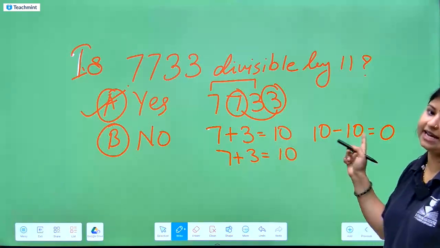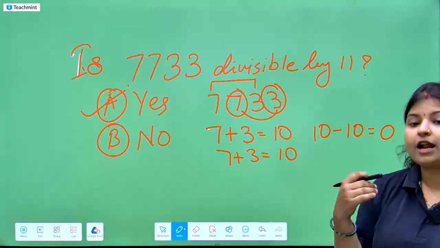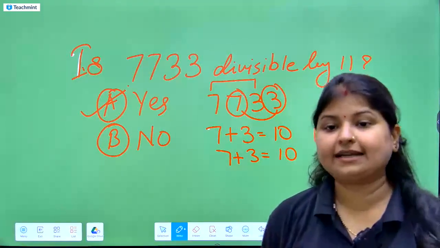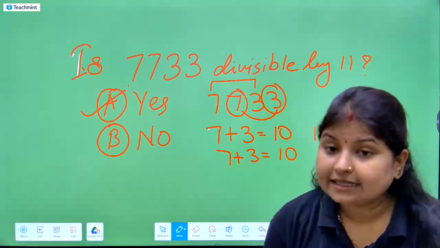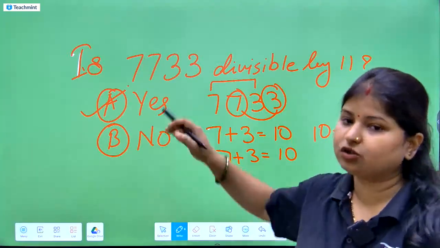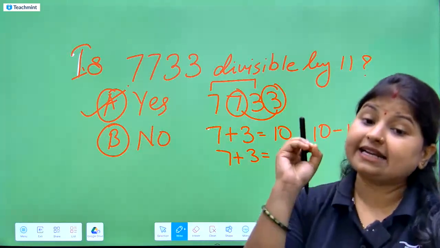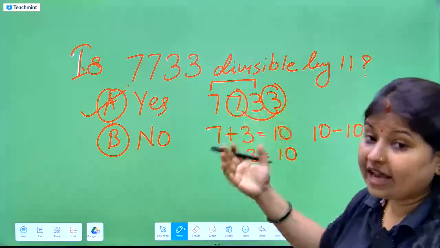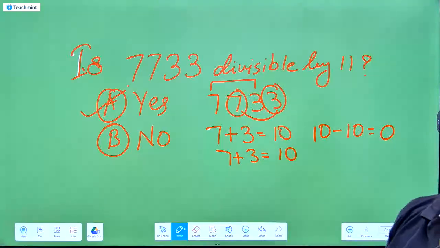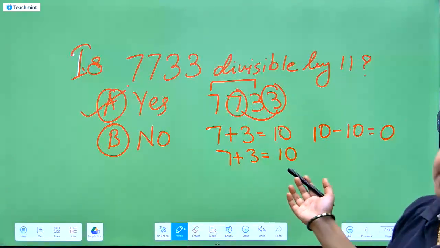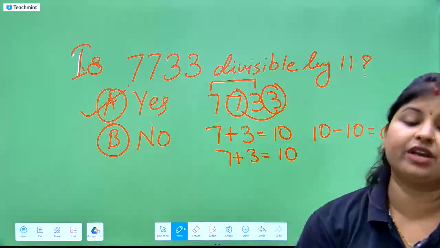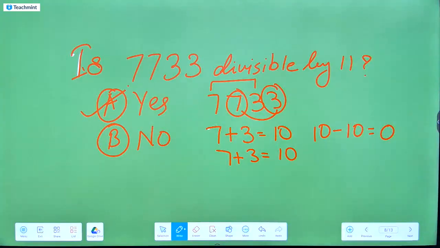So 10 minus 10 is 0. If your answer after subtracting is a multiple of 11, then also the number is divisible by 11. Or if the answer is 0, then also the number is divisible by 11. So the answer is 0. That means yes, 7733 is divisible by 11.